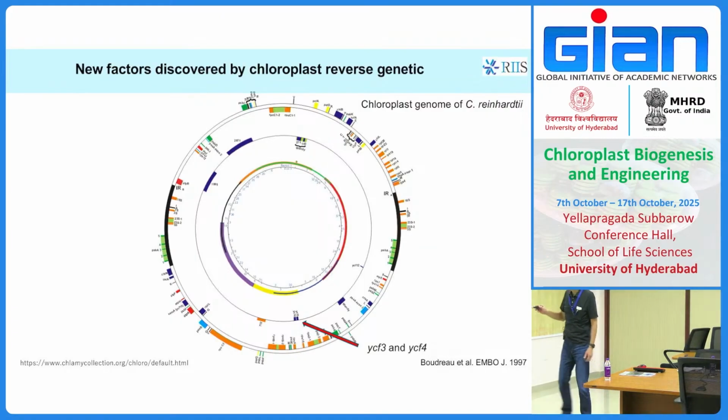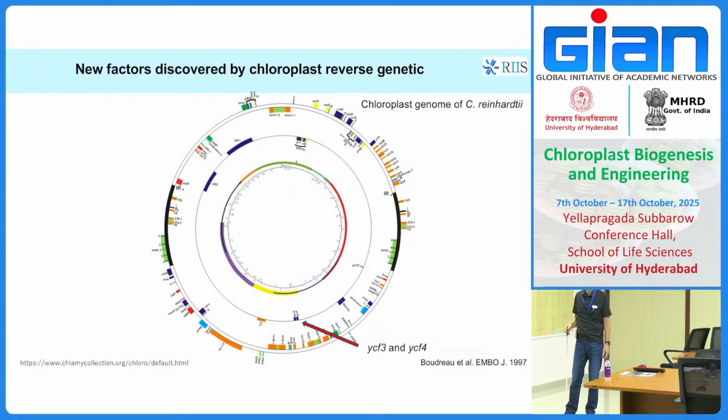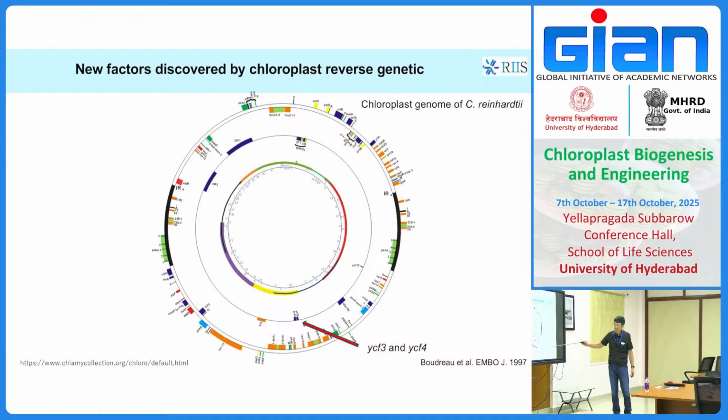So there's a numbering from the large size. For example, YCF1 and 2, and YCF3 and 4 are present here in Chlamydomonas. So hypothetical chloroplast open reading frames 3 and 4. We by chance knocked out these two genes independently to see a phenotype. The strategy to do a chloroplast transformation I will talk about in the other lectures.